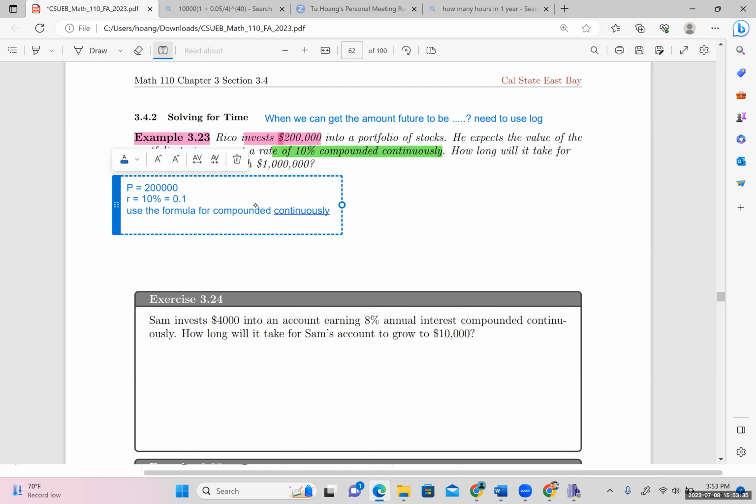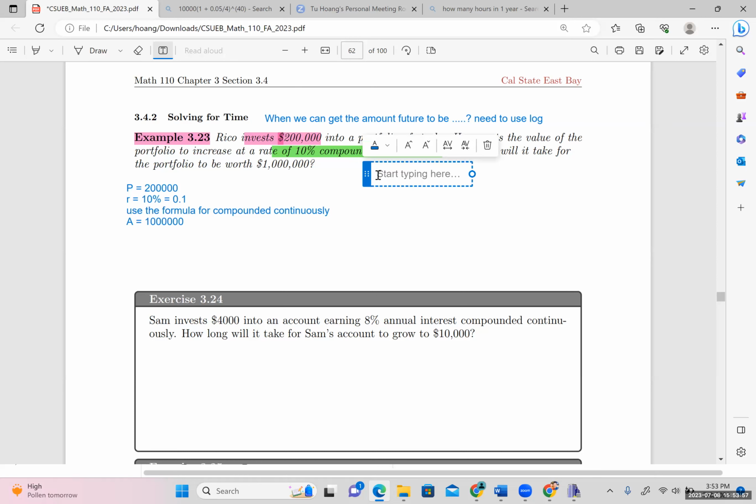And lastly, it's like how long? How long has the same meaning as when, right? So how long will it take for the portfolio to be worth 1 million? Okay. So the future amount will be 1 million, right? So we have the formula A is equal to P times e raised to the power rt, right? Okay, so let's substitute.